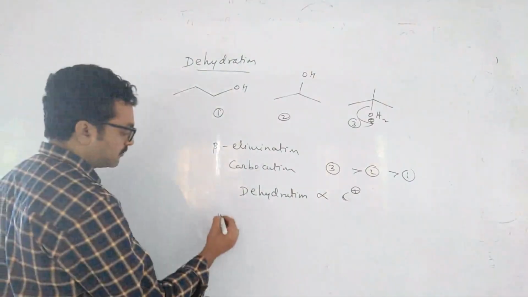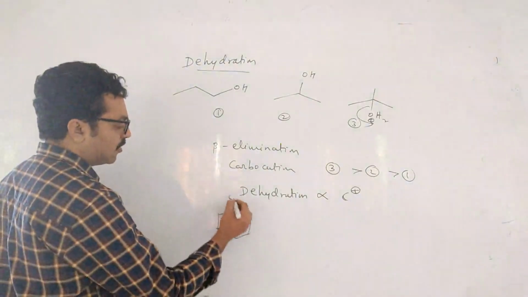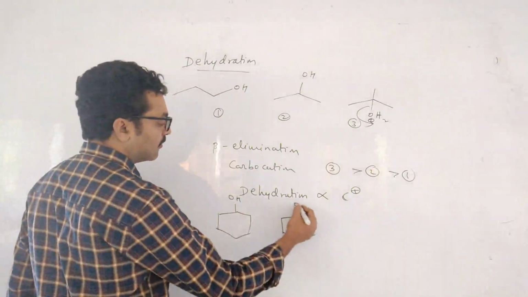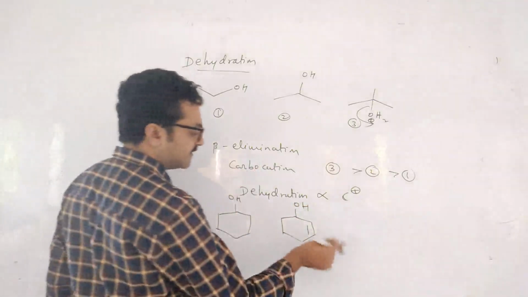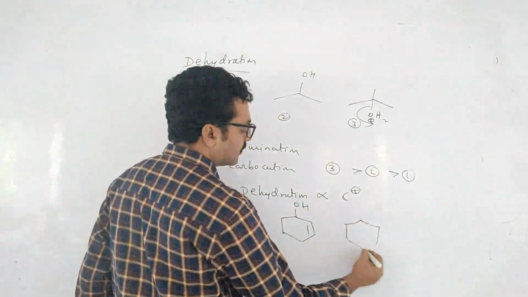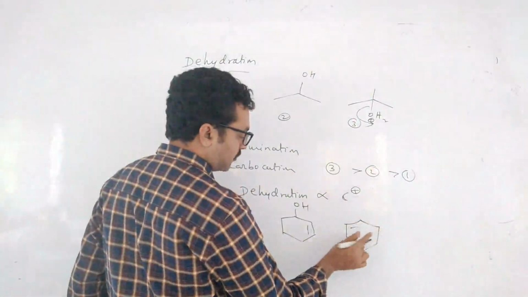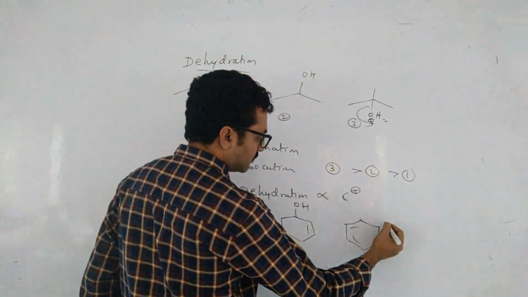I will give one more question. So this is an alcohol and this is a cycloalkene, cyclohexenol, and this one is... this type of questions tomorrow we will do more. Okay.